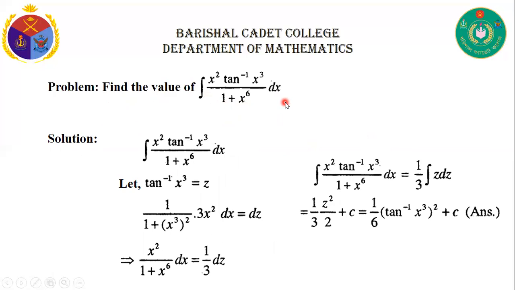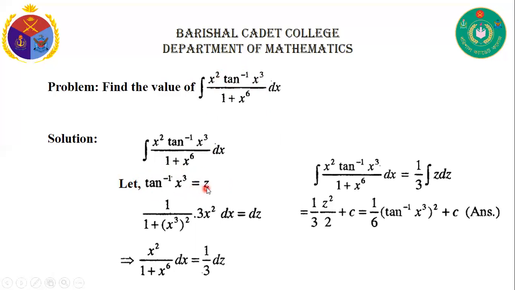We can integrate tan inverse x, but what we cannot integrate, we have to choose that as z. So here we cannot integrate tan inverse x cube, so we choose z equal to tan inverse x cube.